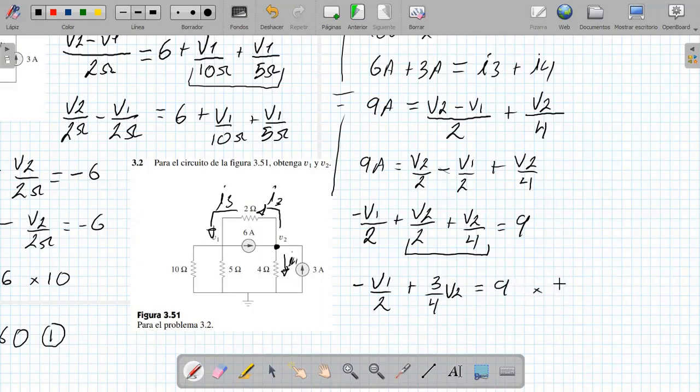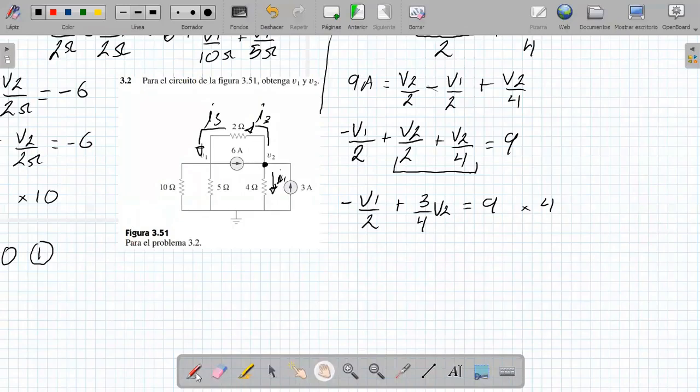So, if I multiply that entire row by 4, to eliminate the denominator, that every time you can, up here I have minus 2V1 plus 3V2 equal to 36. Here I have my equation number 2.